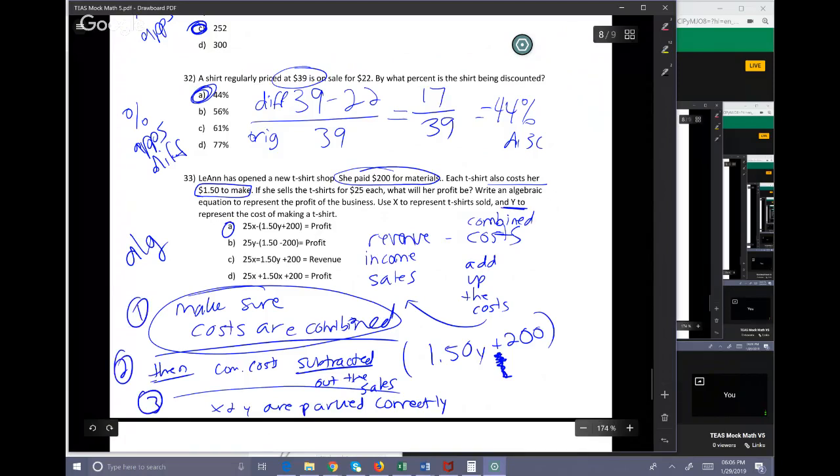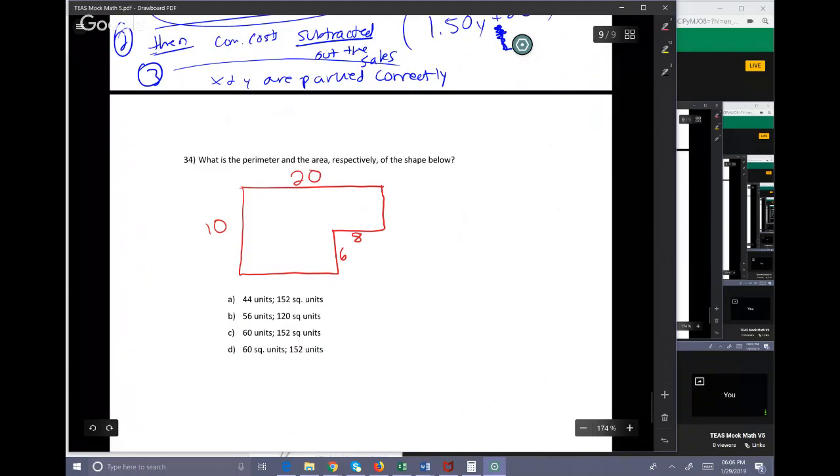Again, I will reiterate, profit on Mock 6, number 34. I'm going to fill in my sides, so I put a 4 there and I put a 12 there. That means that when I did the perimeter, I added 10, 20, 4, 8, 6, and 12, which comes up to 60.